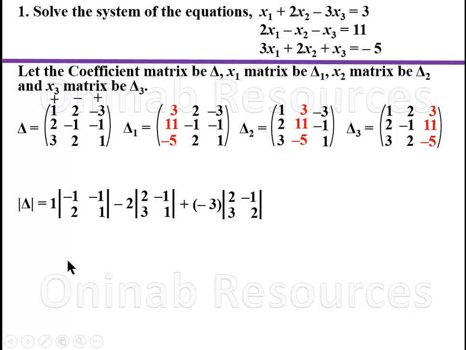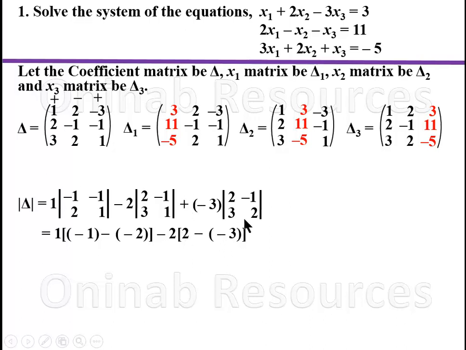So in the first one, we have 1 outside. -1 times 1 gives -1, minus 2 times -1 gives -2. So we go to the second one, the middle one, that is -2 outside. We have 2 times 1 gives 2, minus 3 times -1 gives -3.